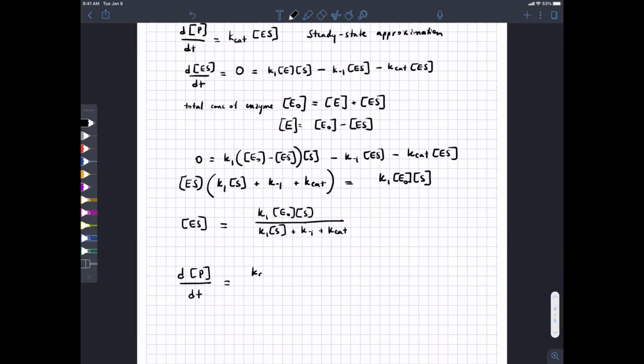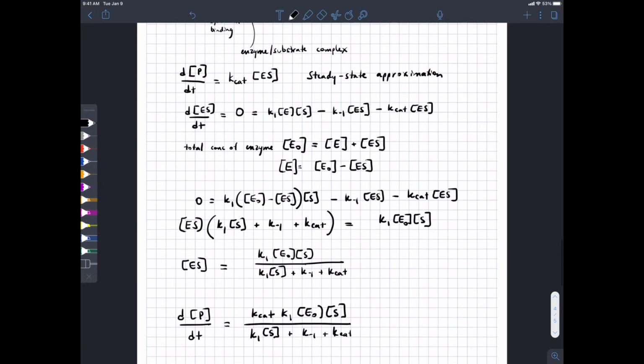And we're going to make it a little bit worse. kcat times k1 times enzyme total concentration times substrate concentration divided by k1 times S plus k minus 1 plus kcat.